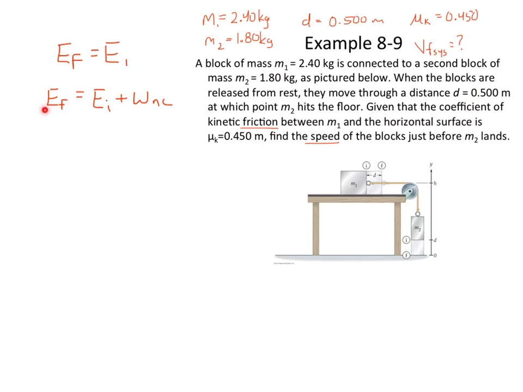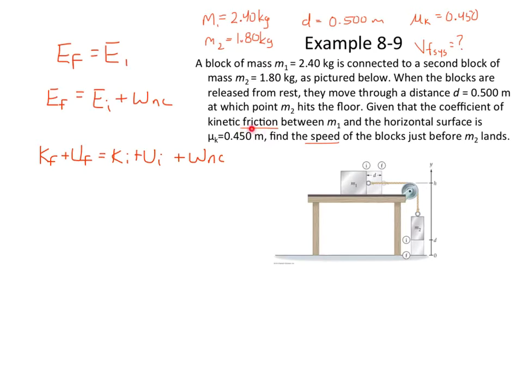Final system energy is going to be kinetic final plus potential final, equals kinetic initial plus potential initial plus any non-conservative work that is done. In this case, it's by friction.